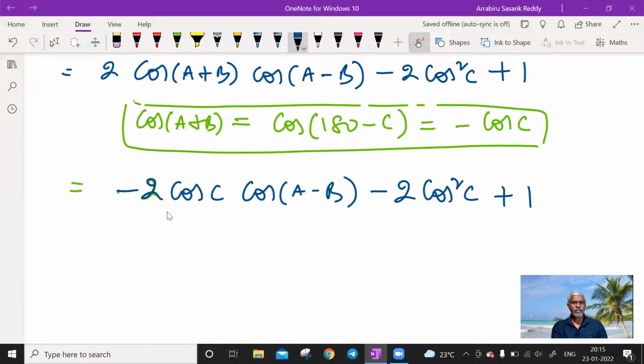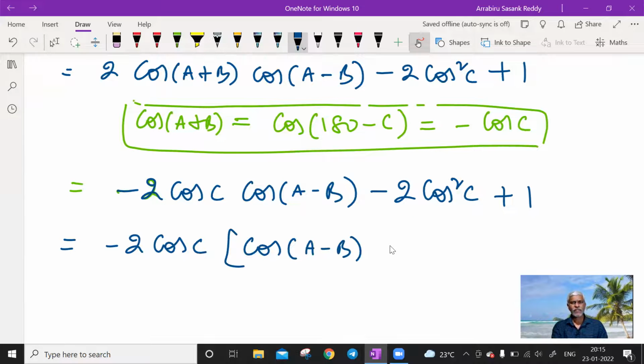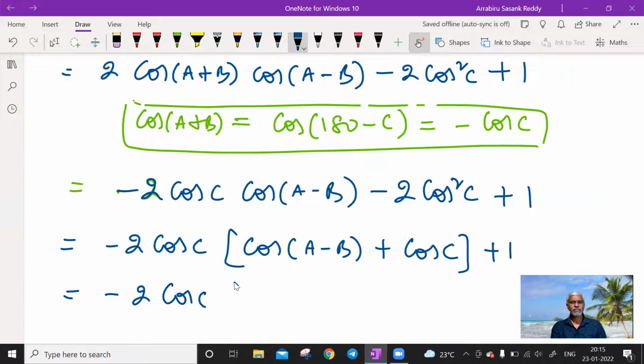So now taking minus 2 cos C common, this is cos (A minus B), and taking minus common, this becomes 2 cos square C, of 2 cos C, 1 cos C will remain, plus 1.